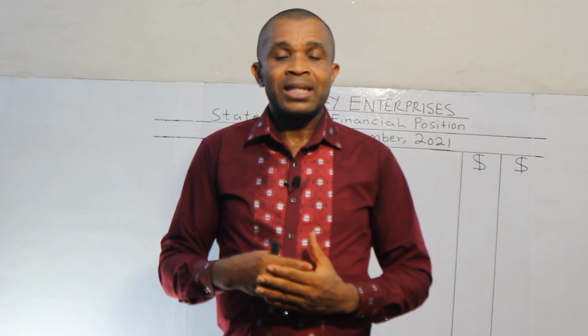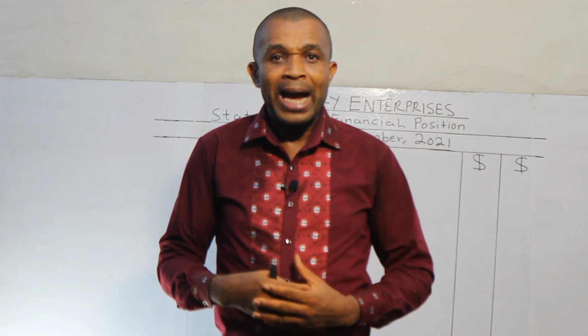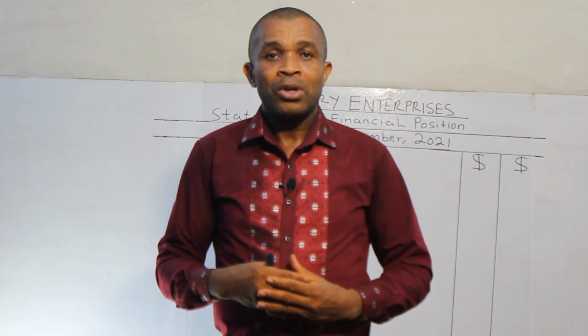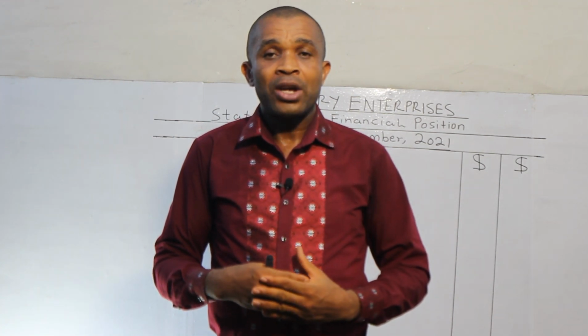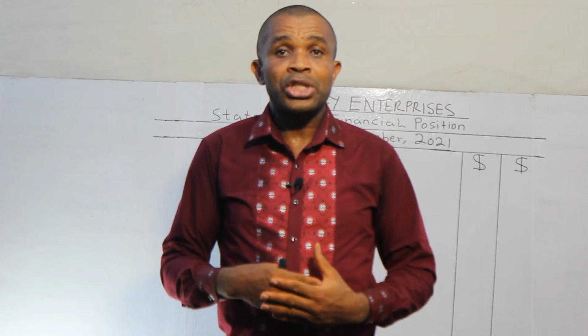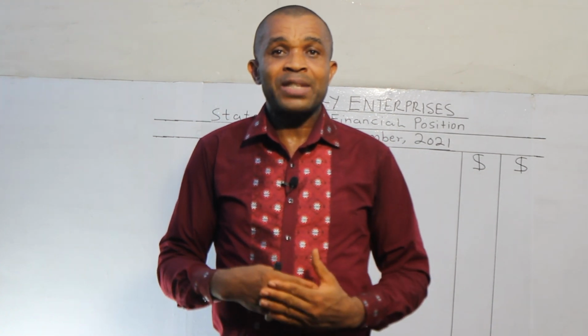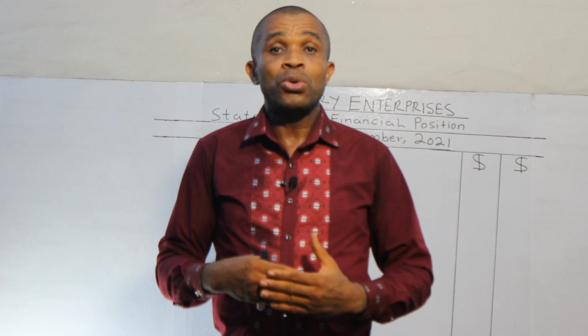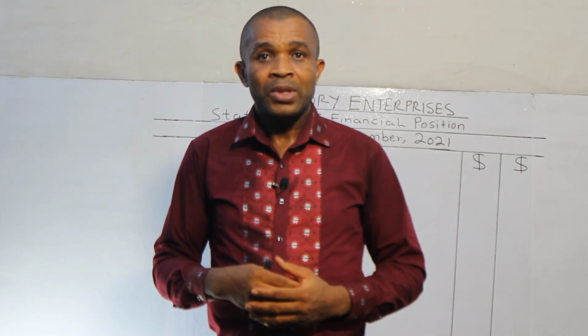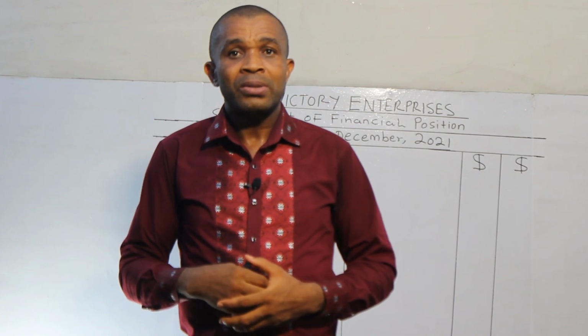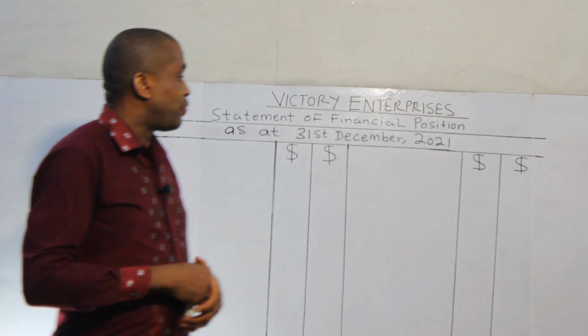These are assets that the organization acquire not for sale but for use in the business for generation of wealth. You must also take into consideration things like investment and also the intangible assets. Let's go to the board and display what we just said.